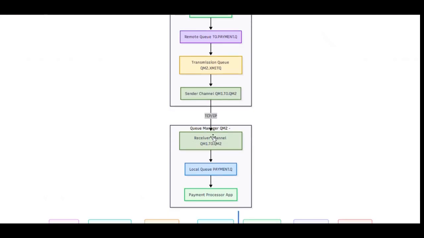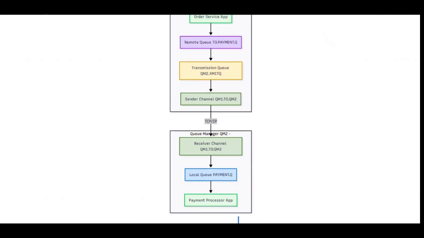At queue manager 2, there will be a receiver channel that is open to receive the inbound communication, right? So once it receives the messages, the messages are stored in the local queue of queue manager 2. And the payment processor application will consume the messages from the local queue, which is payment queue.